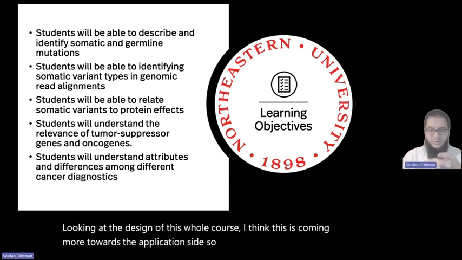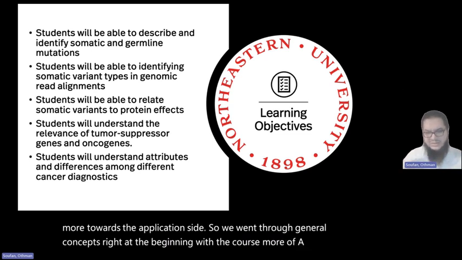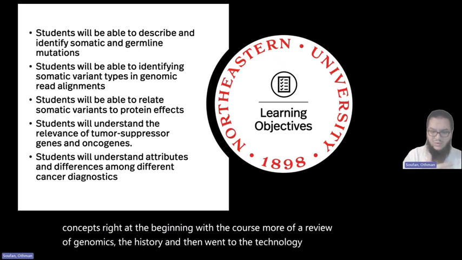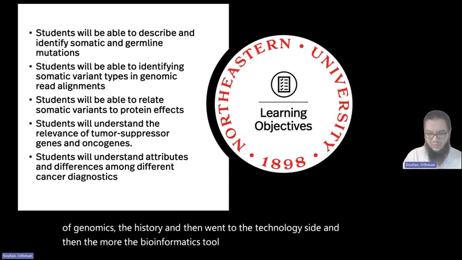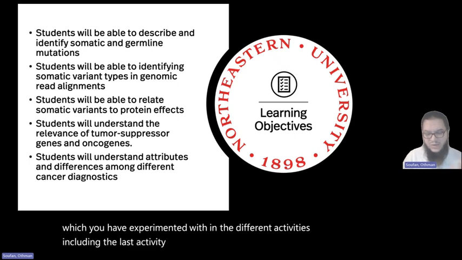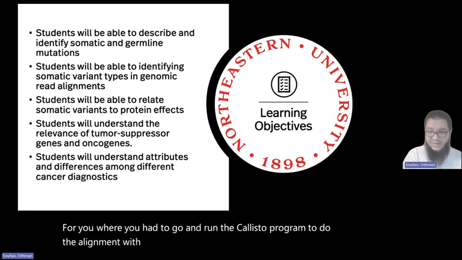So we went through general concepts right at the beginning of the course, more of a review of genomics, the history, and then went to the technology side, and then the bioinformatics tools, workflows and pipelines, which you have experimented with in the different activities, including the last activity which I've designed for you, where you had to go and run the Kallisto program to do the alignment with real life data coming from Gene Expression Omnibus.